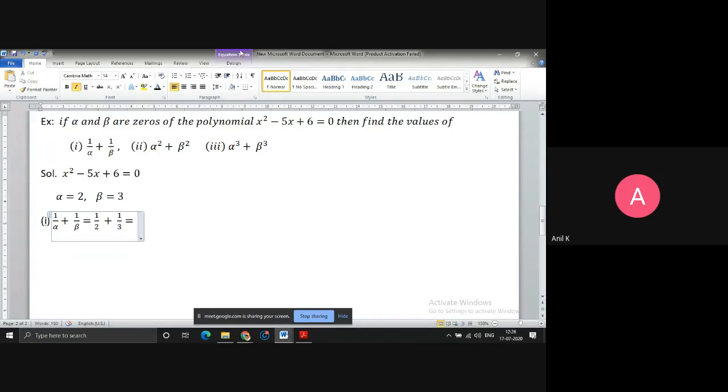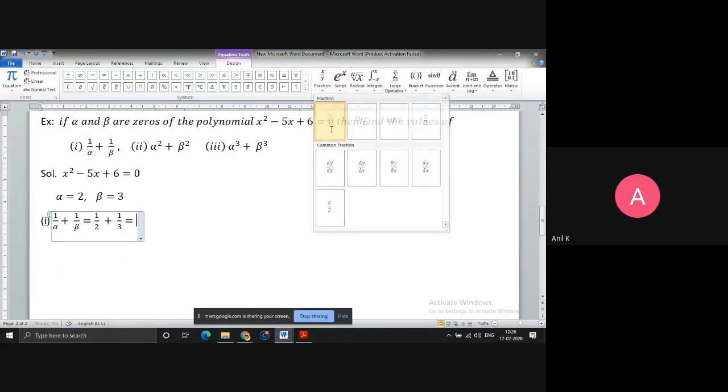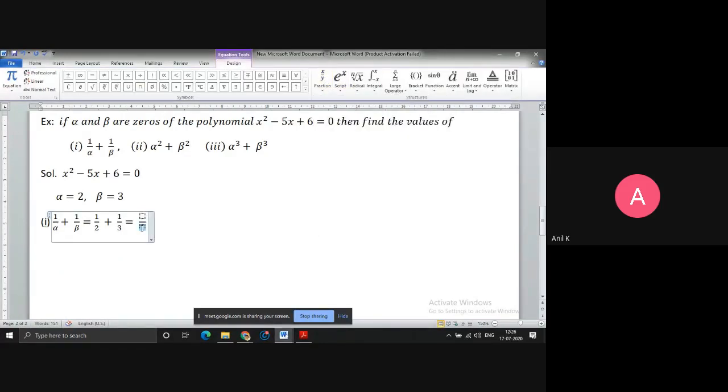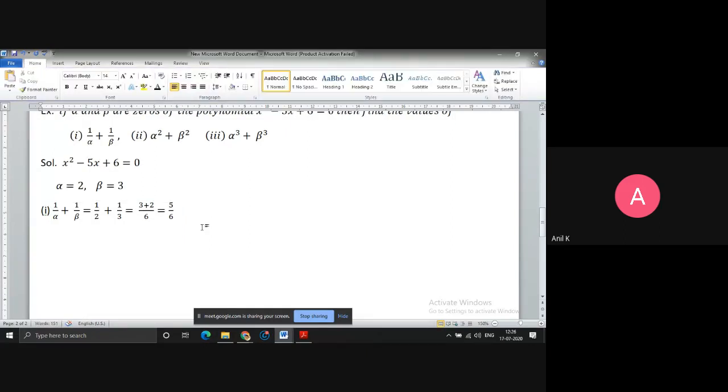If I take the LCM here, my LCM is going to be 6, and in the numerator I'll get 3 plus 2. So it is going to be 5 upon 6. Done. First question is done.